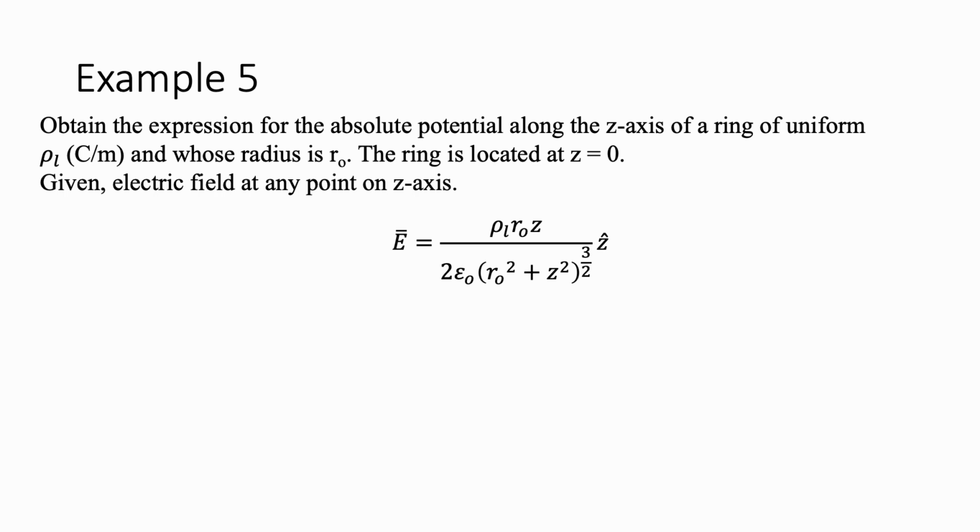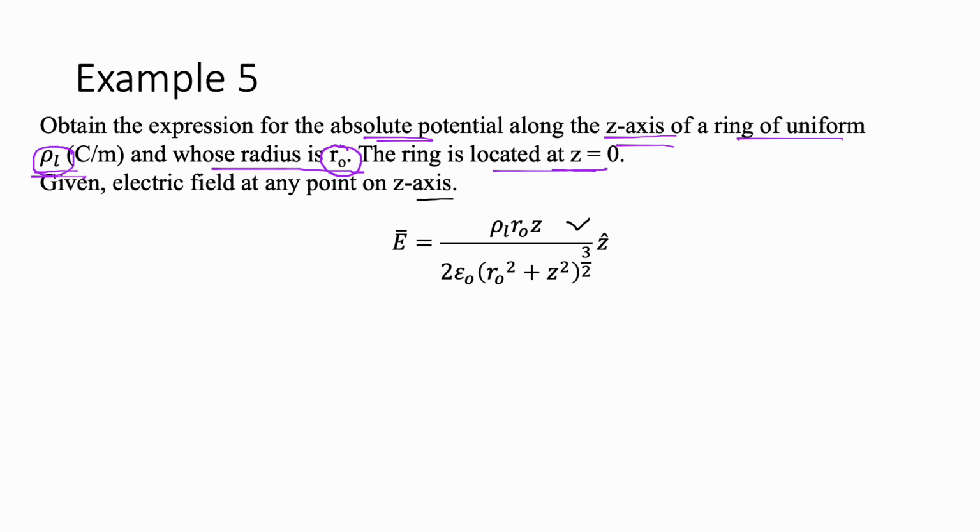The question asks us to obtain the expression for the absolute potential, so your initial point will be at infinity, along the z-axis of a ring of uniform rho L, whose radius is given as R0, and the ring is located at z equals 0. Meaning that it lies on the xy plane. So given the electric field at any point on the z-axis is as such, alright.